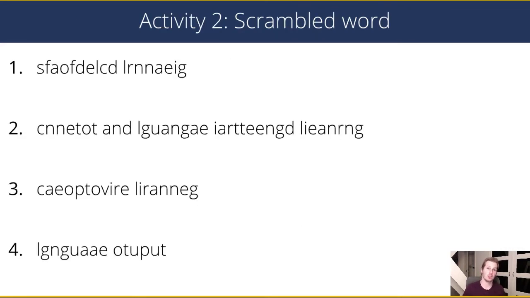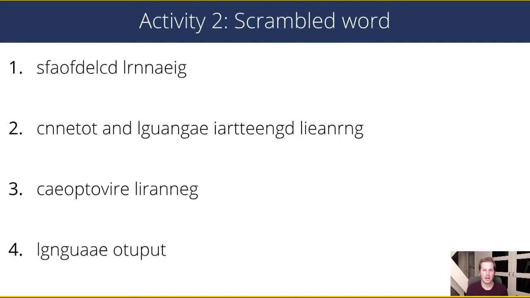Another activity that you can do when you introduce something new is scrambled words. Here you can find 4 scrambled words. I quite often use this in class at the beginning of a chapter, but I will say a bit more about that in a minute. Now, despite this video not being live, I do want to give you a few seconds to have a quick look at these words and see if you see the correct answers here.